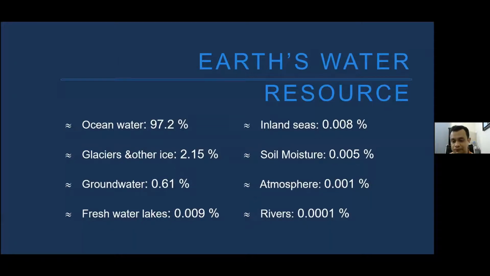The atmosphere is 0.001%. And rivers, especially in humid geomorphic environments, contain a very small portion of water, about 0.0001%. So these are Earth's water resources in percentages.